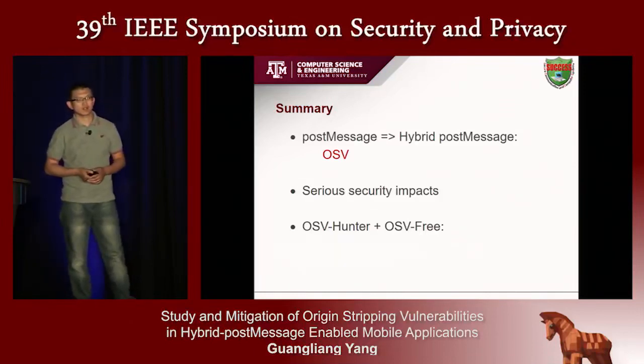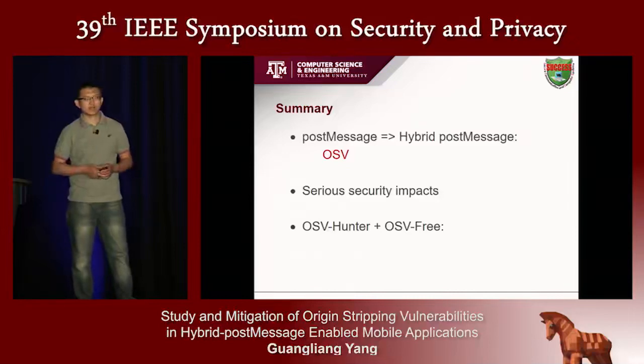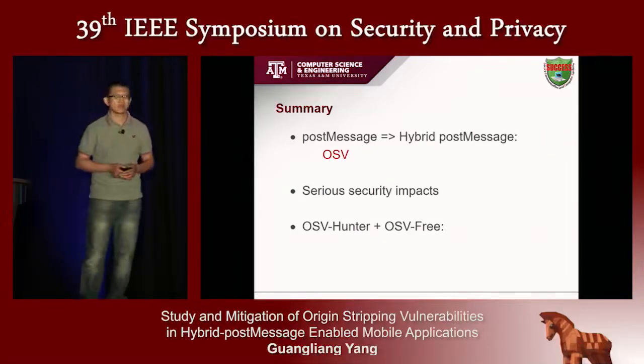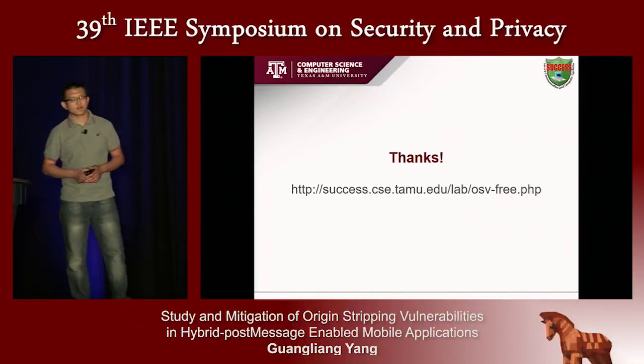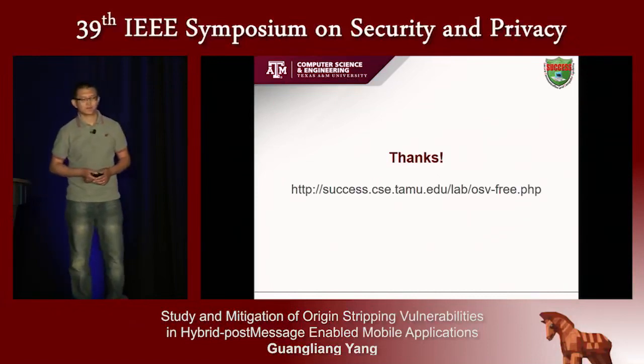In our research, we conducted a deeper study of the problem and found OSV will cause serious security impacts. We also propose two tools. One is a detection tool, OSV-Hunter, and the other one is a mitigation tool, OSV-Free. Okay, thanks. I'm ready for questions.